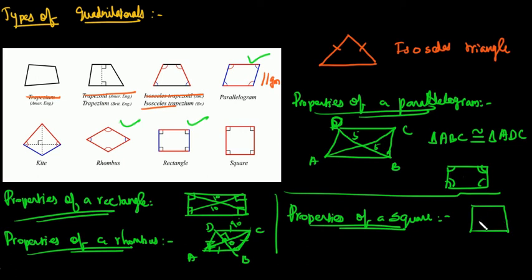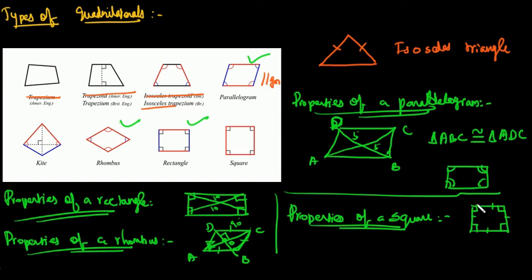All the interior angles of a square are right angles. Since this is a square, all the interior angles are 90 degrees, like a rectangle. All the sides are equal here. The diagonals of a square are equal.